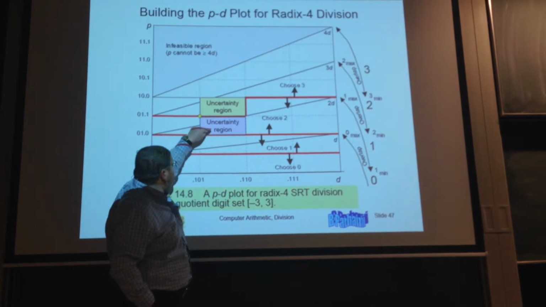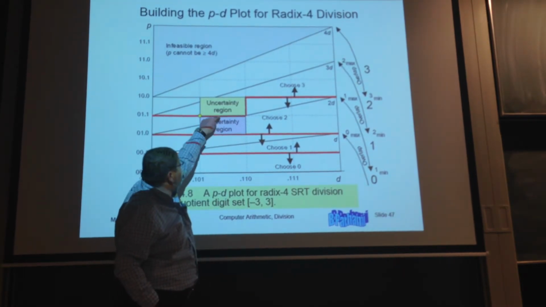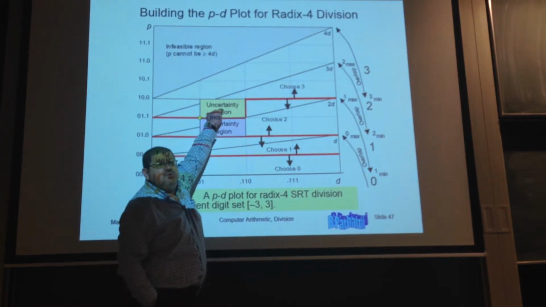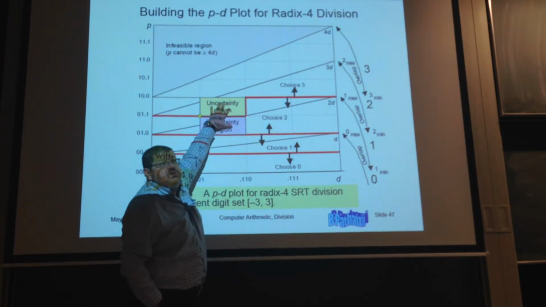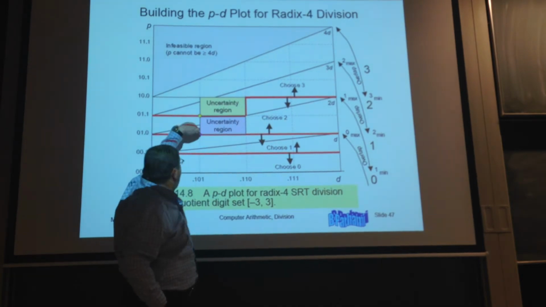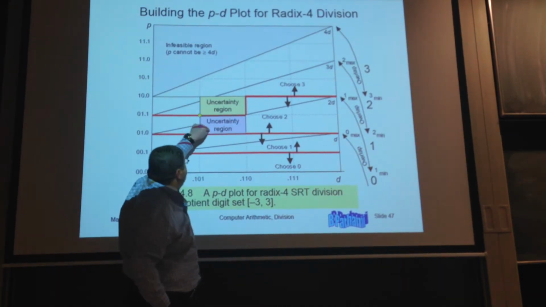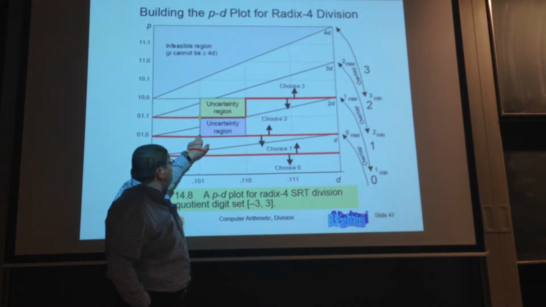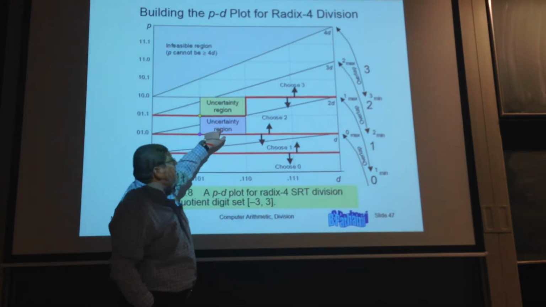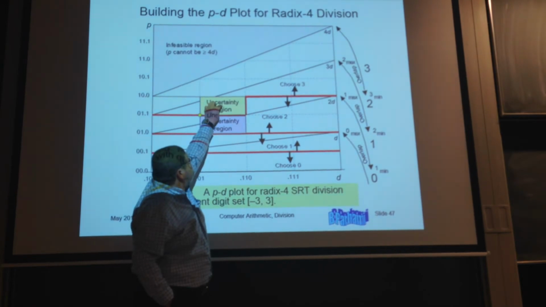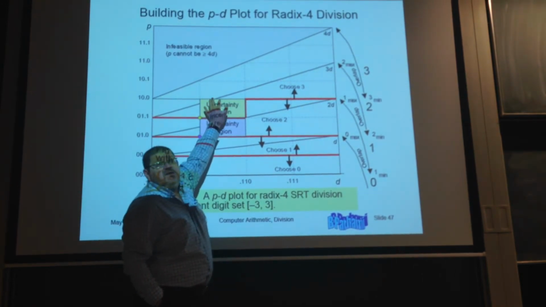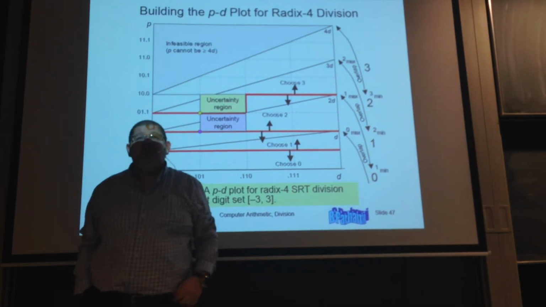Then I will choose a 2, but I could also be in this area based on the 2. Then assume that this uncertainty region is the 2 of them. Okay? And I am here, and I could be everywhere in this. Based on the fact that I'm here, and on this design, I will choose a 2. However, I could have been also here in this area. And in that area, a choice of 2 is not correct.